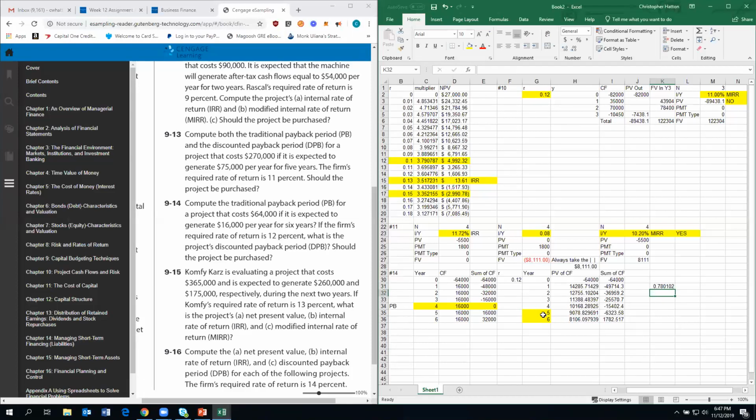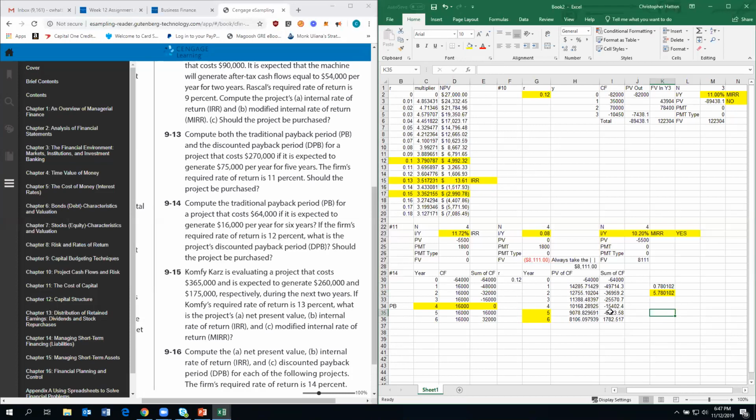And then we got to add 5 to that, so equals 5 plus these. So that's your payback period, 5.78 years.